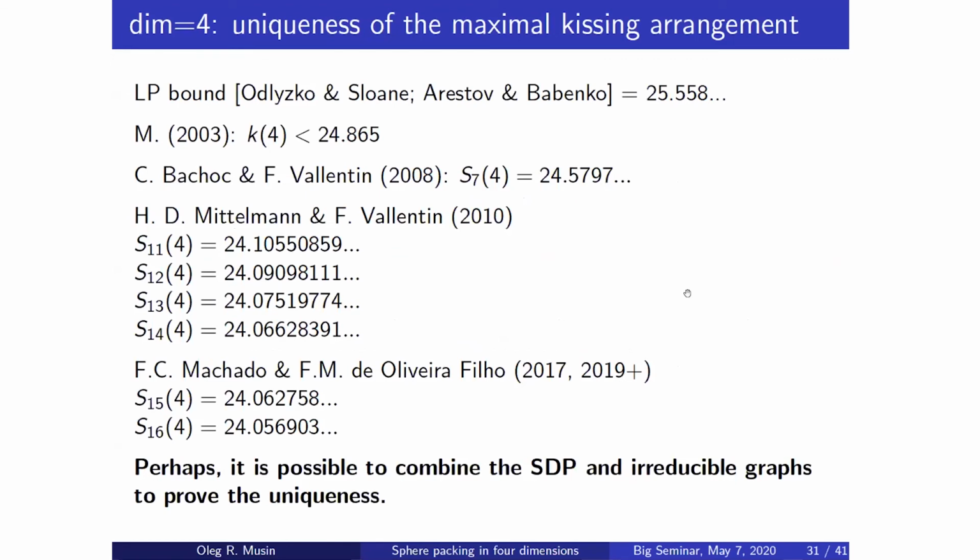Okay, let us discuss what we have about this uniqueness conjecture. Let me remind you what the uniqueness conjecture is: the kissing arrangement in 4 dimensions is the 24-cell. We already proved that the kissing number is 24.